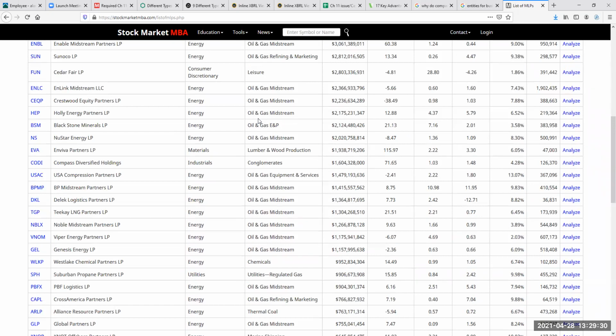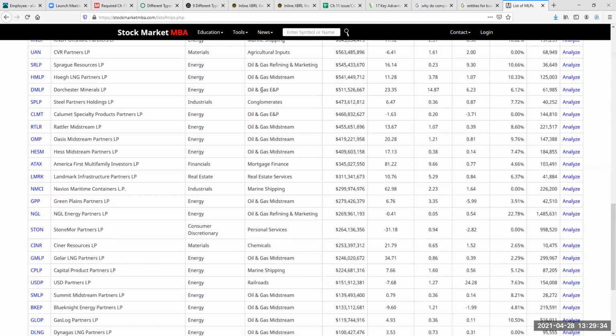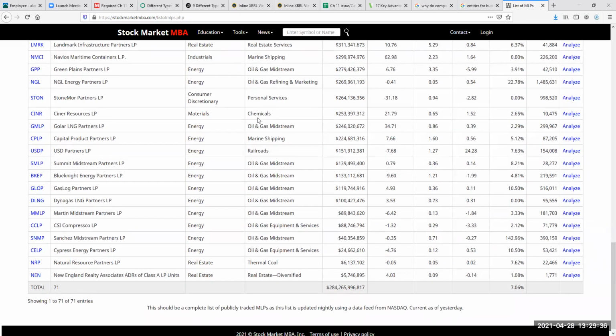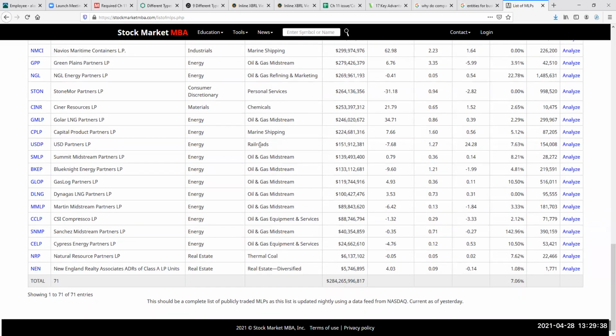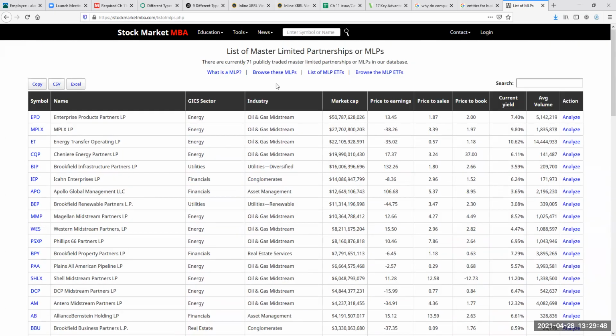There's one leisure. So here are the stock symbols: thermal coal, marine shipping. So a lot of energy, chemicals, railroads, marine, oil and gas, real estate diversified, New England Realty Associates. So there are some publicly traded partnerships out there on the stock exchange. All right, there are currently 71 publicly traded master limited partnerships.